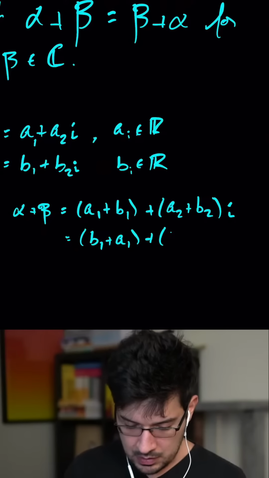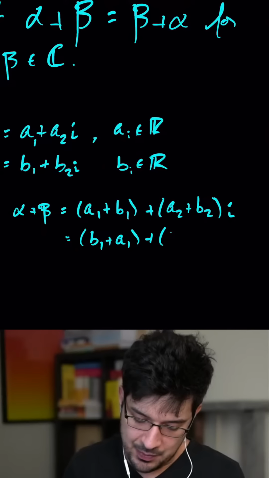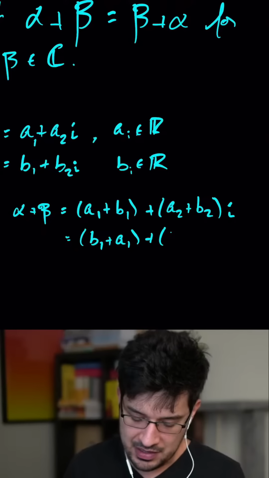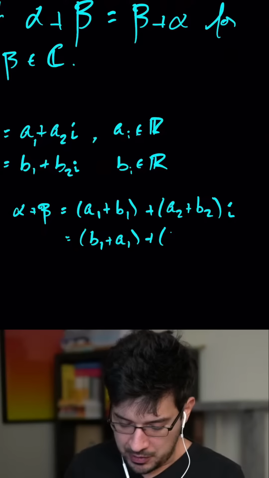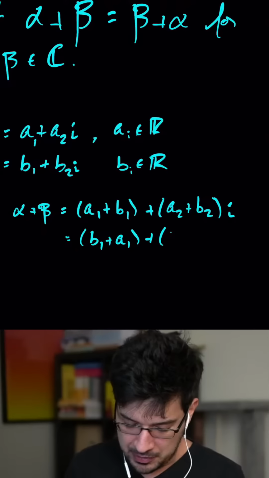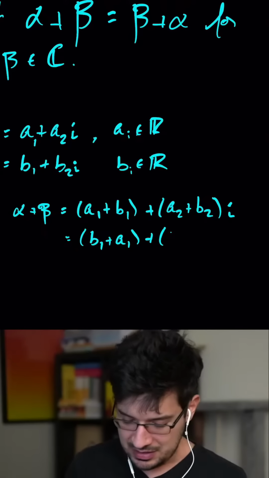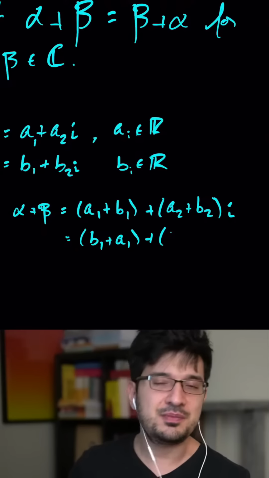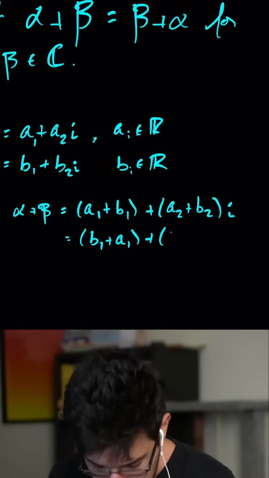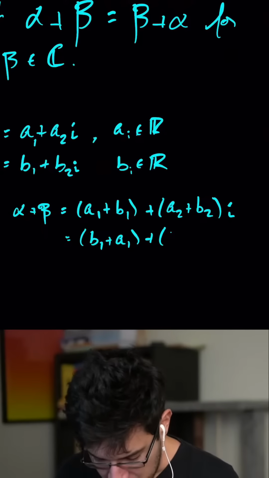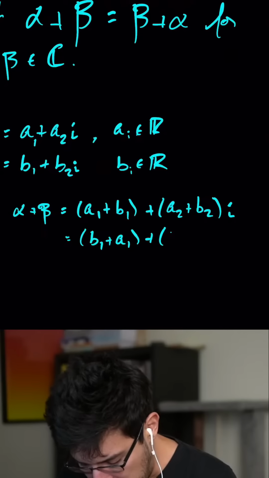I personally like my notation of A1, B1, because then A1 is the real part of alpha, B1 is the real part of beta, and then C1 is the real part of lambda. Next we're going to have lambda is C1 plus C2i.